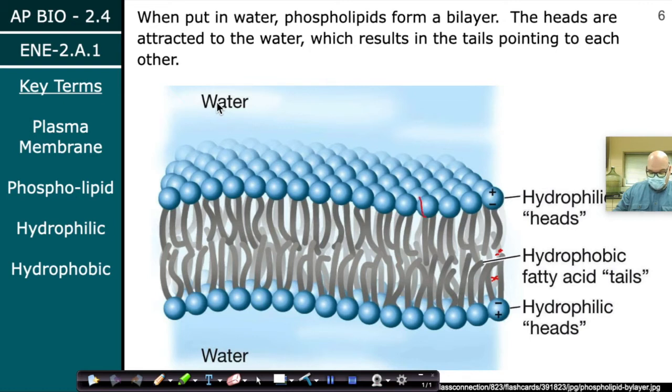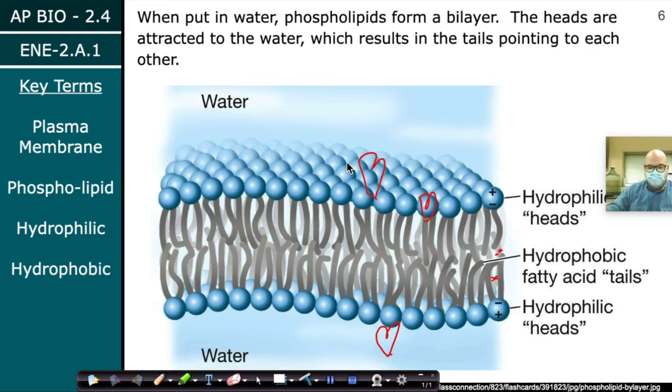So these are all those little hearts, okay? And they are happy when they're facing water. And these guys here are kind of like, I don't want to get wet, okay? I want to stay dry. And so they face each other, and this all happens automatically when you put these into water, okay?